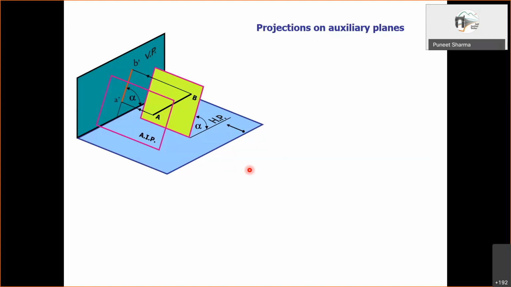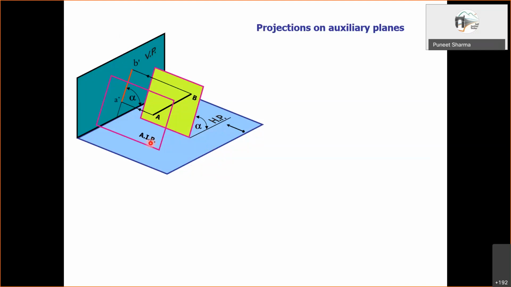So if the line is parallel to the vertical plane, the projection on the vertical plane, that is the front view, will give us the true length, and the true inclination of the line with the horizontal plane. Now here this AB as such is neither parallel to VP nor to HP. It is not parallel to any of these. It has inclination with both.